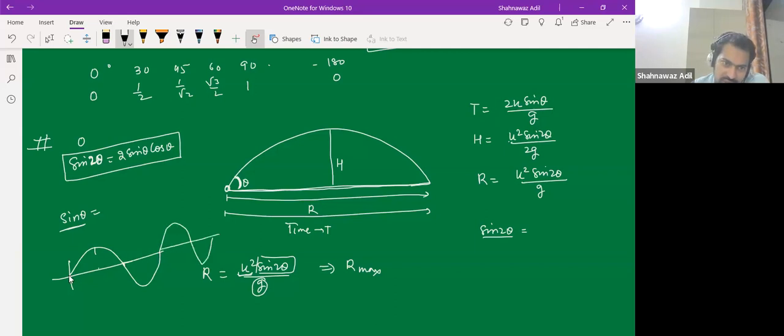It is 0, at 90 it becomes 1, then it decreases, at 180 it becomes 0, and at 270 it becomes minus 1, and then again at 360 it becomes 0. This is how it goes. So the maximum value of sine is what? Can you guys tell me from this figure?